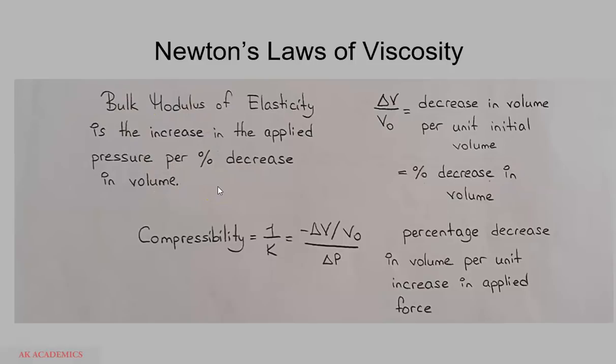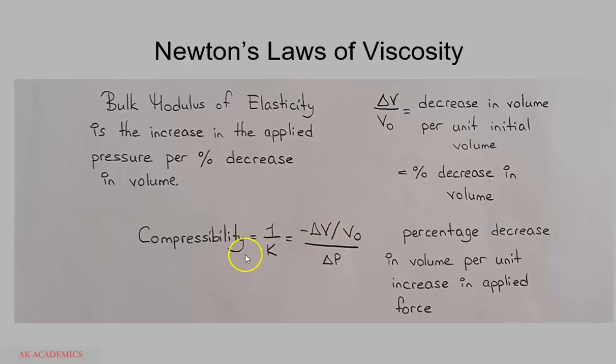Now, compressibility is the inverse of the bulk modulus of elasticity. That is why we are giving it as 1 over K. Compressibility is equal to 1 over K, and that's going to be the inverse of what we have as our bulk modulus of elasticity. We had mentioned earlier that bulk modulus of elasticity is equal to minus delta P, in terms of limit, delta P divided by change in V over V. The negative of change in V is because we're talking about a decrease in volume.